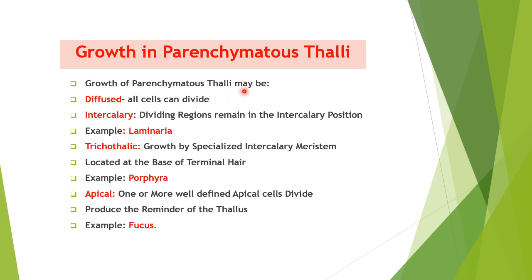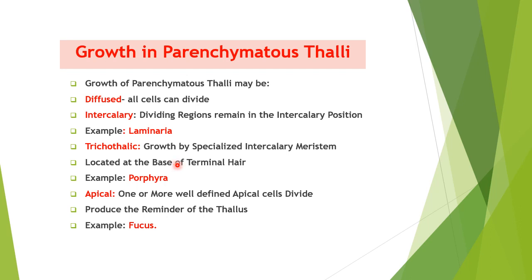So how is the growth taking place in the parenchymatous thalli? Growth of parenchymatous thalli may be diffused, intercalary, trichothallic or apical. Diffused is where all cells can divide, forming a uniform structure. Intercalary means the dividing region remains in the intercalary position, the middle of the organ. An example is Laminaria.